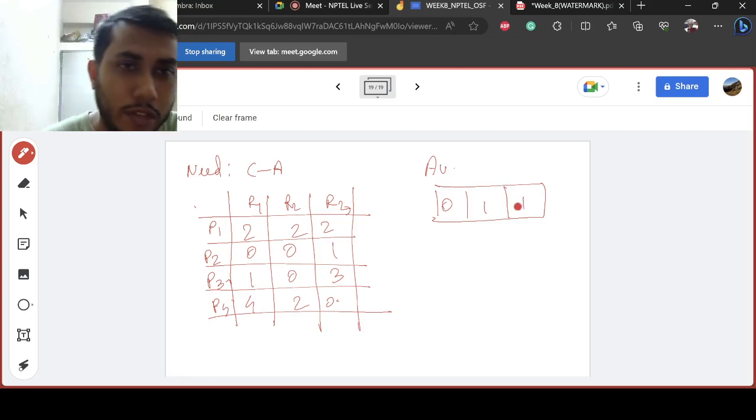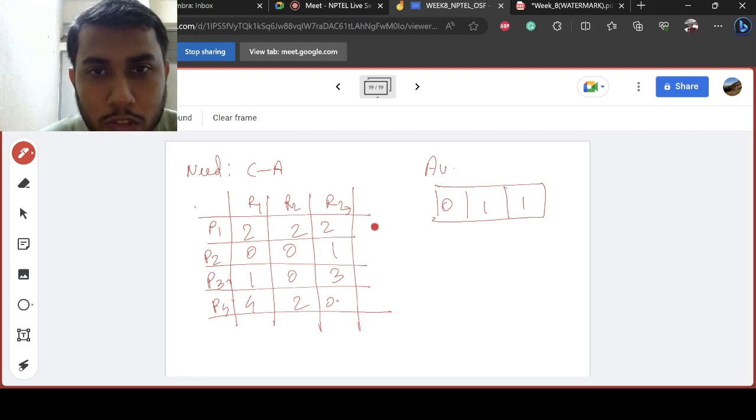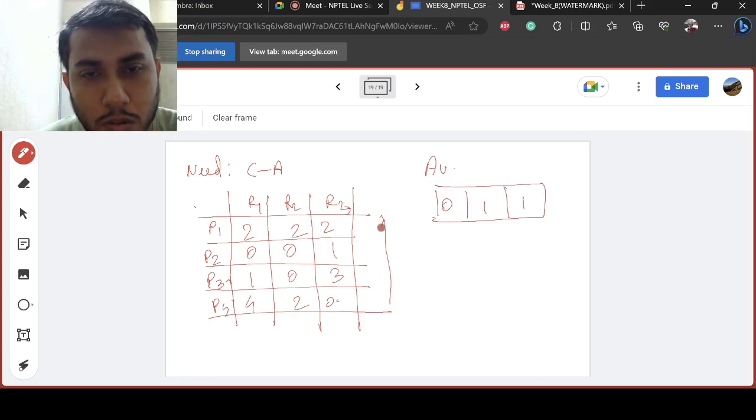So you check which of these will complete if we apply this vector.